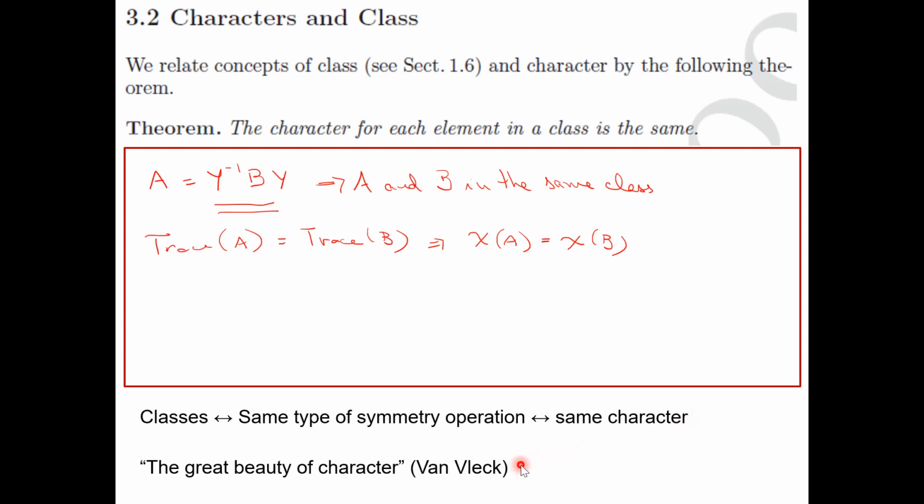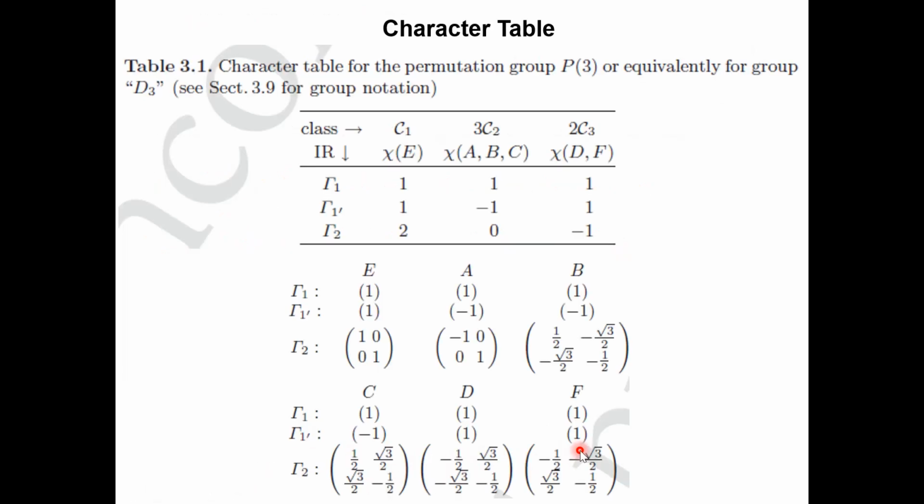This was called by von Vleck the great beauty of character, and this allows us to introduce a very important concept in group theory, which is the character table.